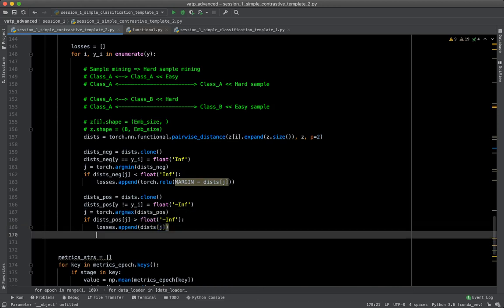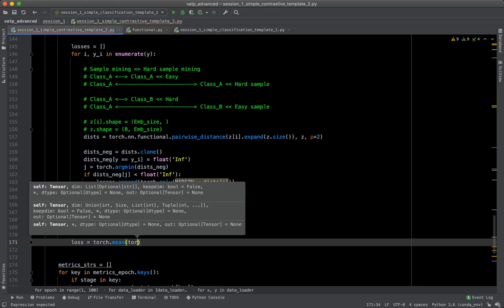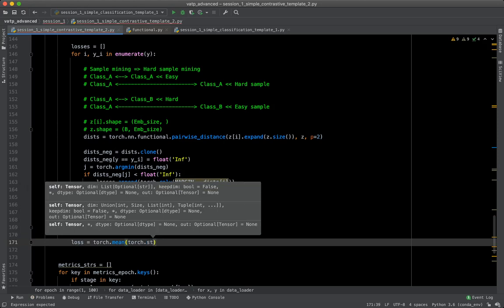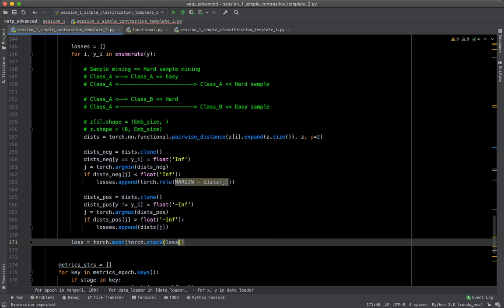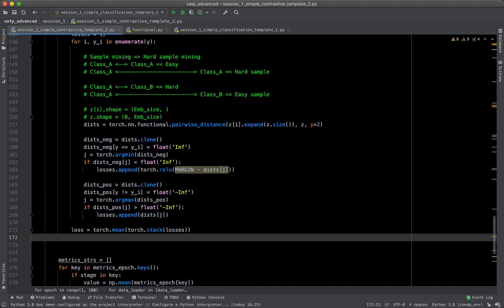And then the loss part. The final loss is just the torch mean over torch stack. Let's stack all of these together. Like that, right. And the few lines at the end you can copy from the previous template.